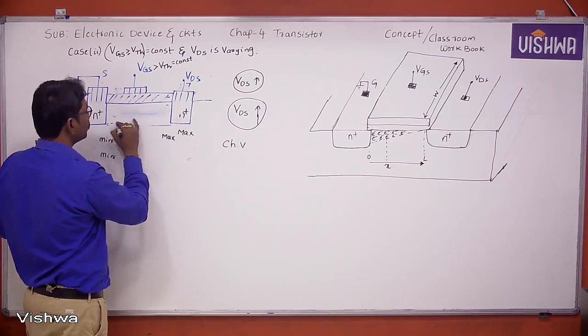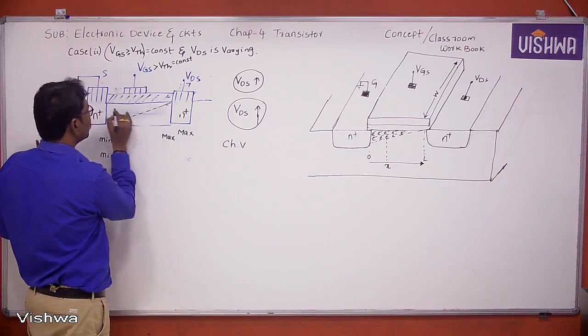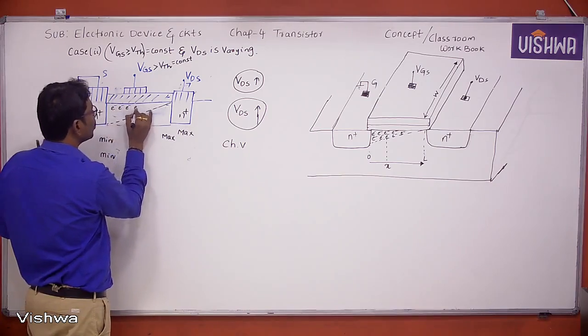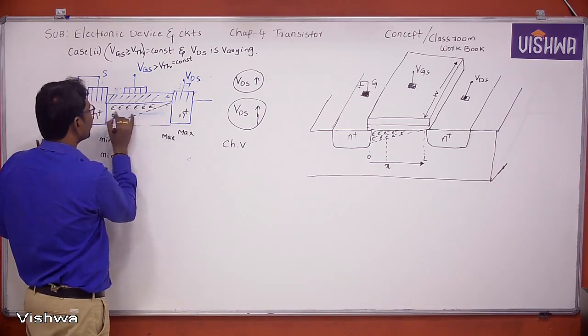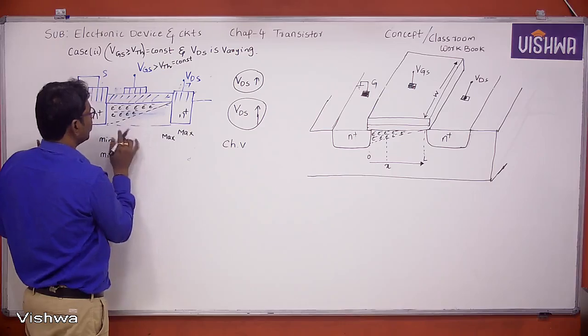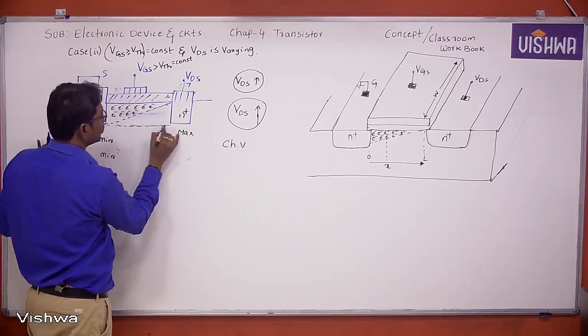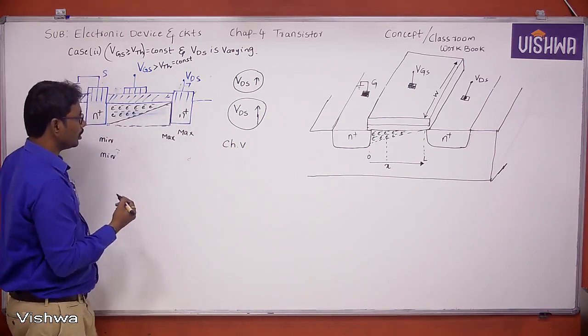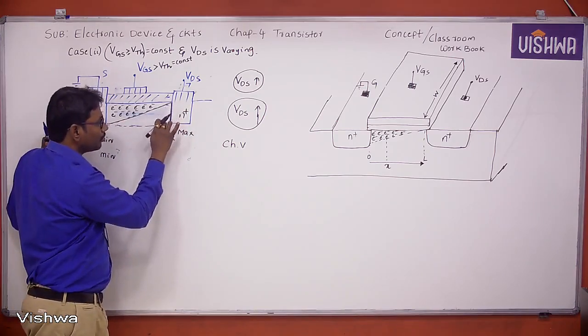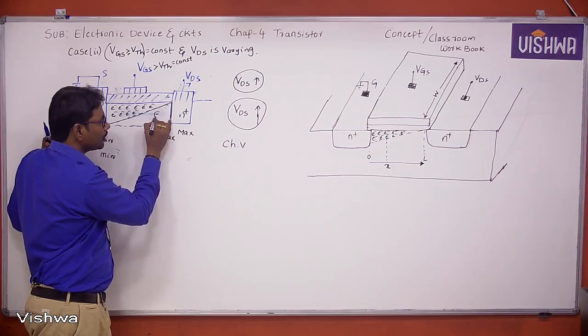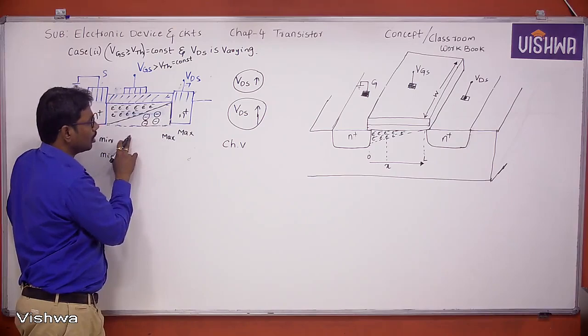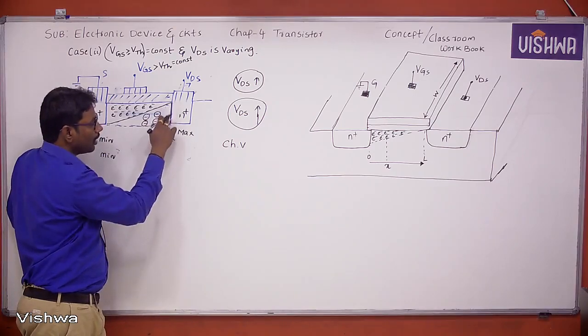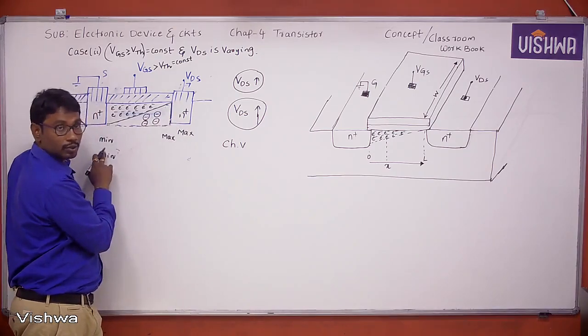See, all of you, this is our channel. I am representing the channel simply with electrons because it is an N channel. This part is the depletion region. The depletion region is maximum here. It contains only acceptors. It is maximum at the drain end and minimum at the source end.